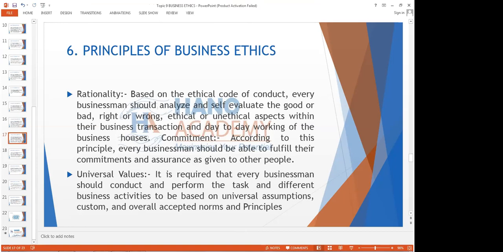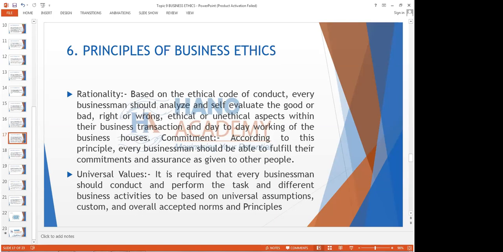We have the concept of rationality. Based on the code of conduct, every businessman should analyze and self-evaluate the good or bad, right or wrong, ethical and unethical aspects within their business transactions and the day-to-day working of the business.